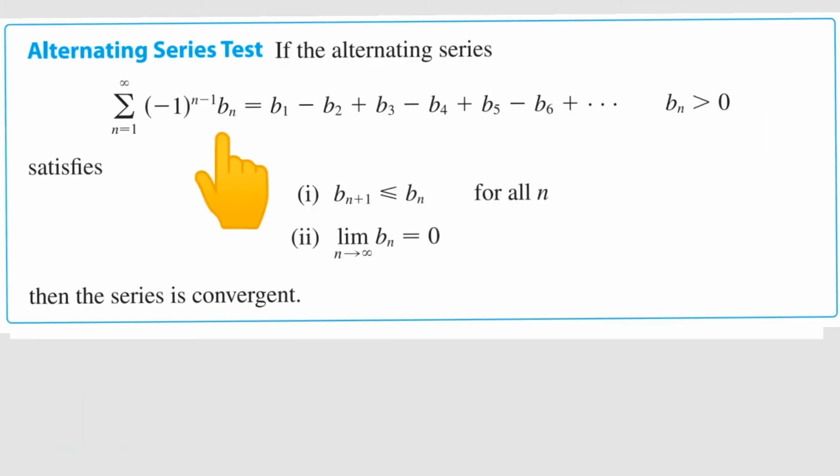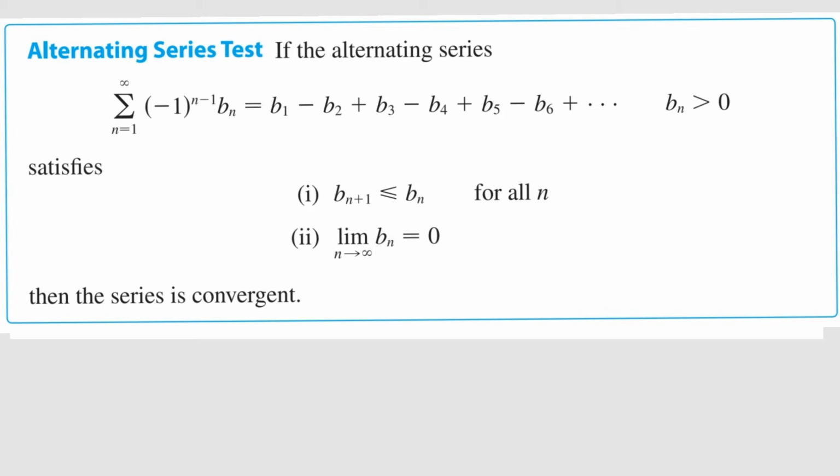The b sub n that I was referring to a while ago is in fact a sequence, and we use that in the alternating series test, which states: if the alternating series, the summation of -1 raised to n minus 1 times b sub n, ranges from 1 to infinity, is equal to b sub 1 minus b sub 2 plus b sub 3 minus b sub 4 plus b sub 5 minus b sub 6 up to infinity, where b sub n is greater than 0, satisfies two conditions.